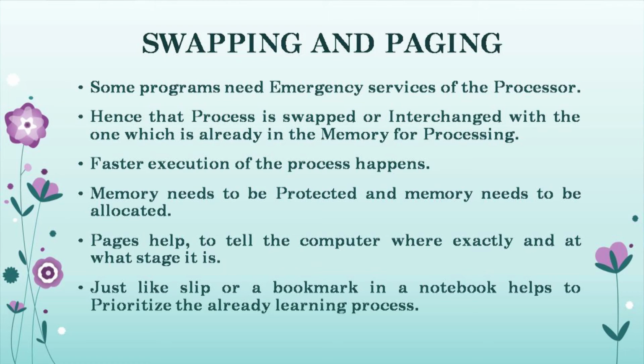Memory needs to be protected. Memory needs to be allocated. Pages help tell the computer where exactly the process is, at what stage it is, and how much more work is required to be done.